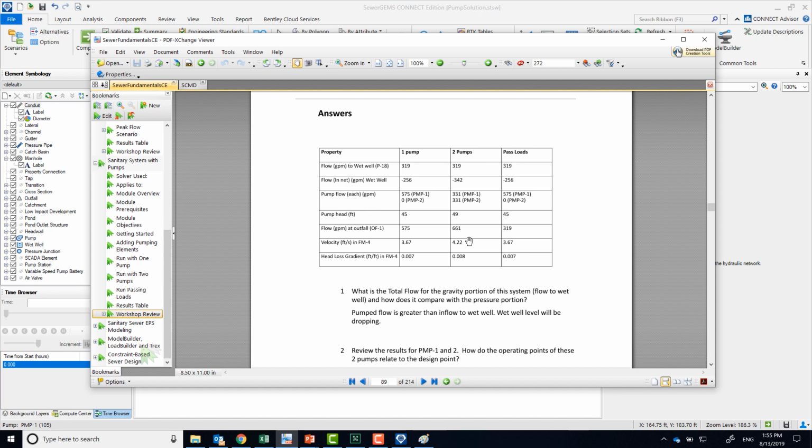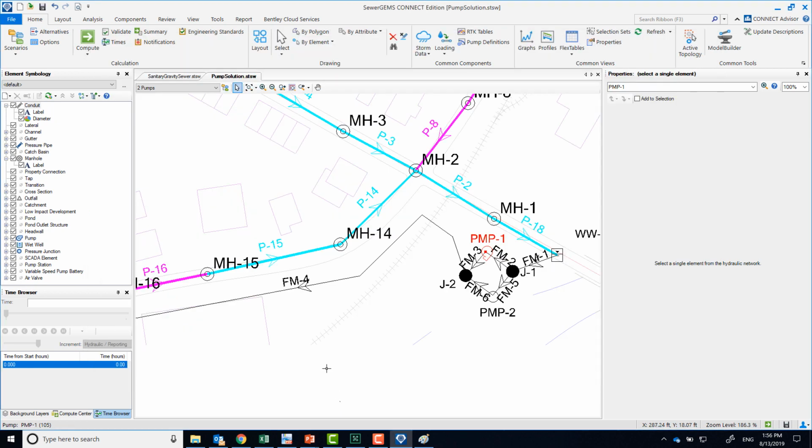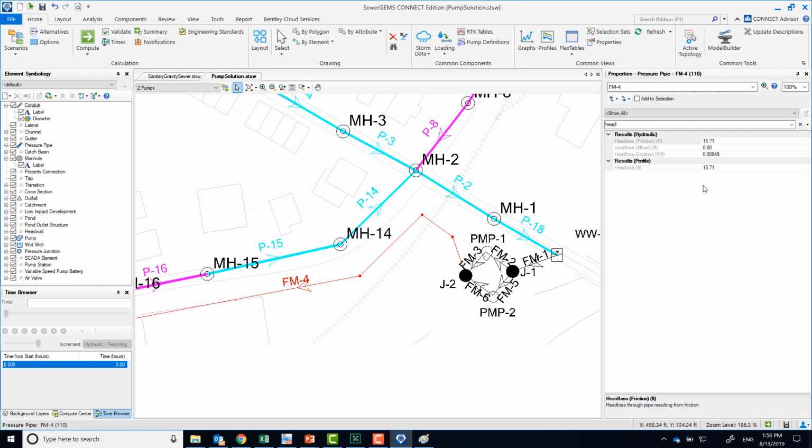Okay, and then you can see that obviously because there's more flow, the velocity gets a little bit higher, but it's not too bad. You know, we say in pressure systems, velocities should vary between 2 and 8 feet per second with an average of 5 feet per second. So the velocity is not bad. And then we get to see the head loss gradient has increased on that FM4 to 0.00849 because more flow, more resistance, more head loss due to friction.